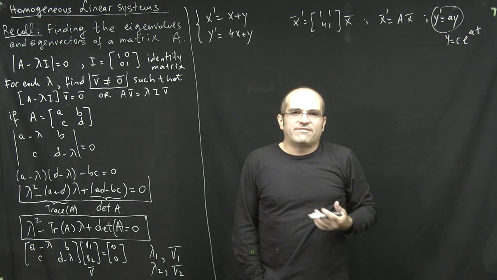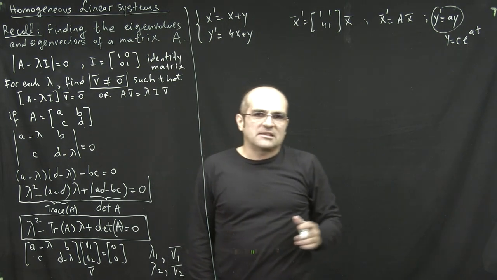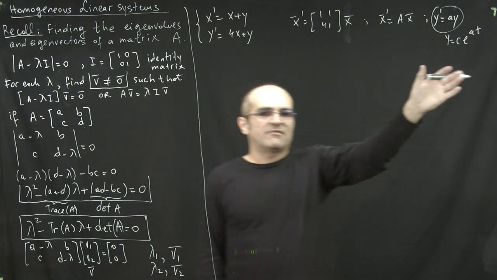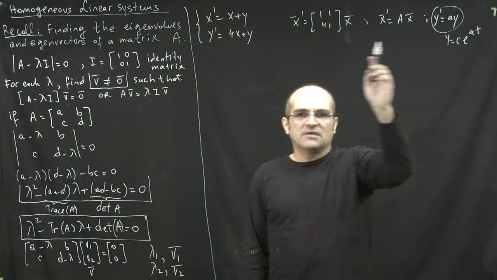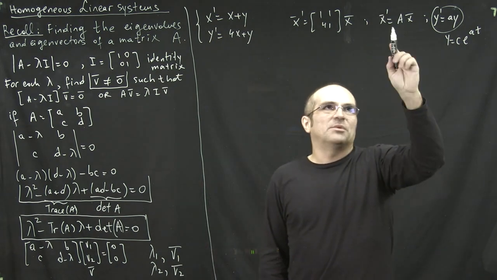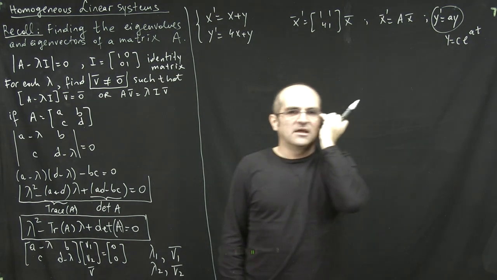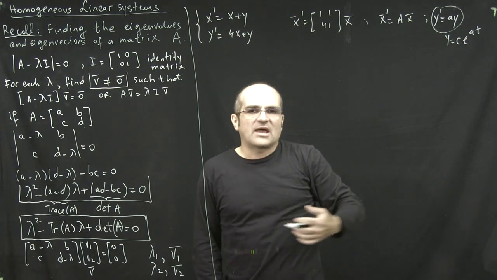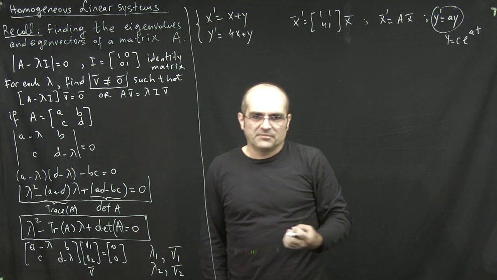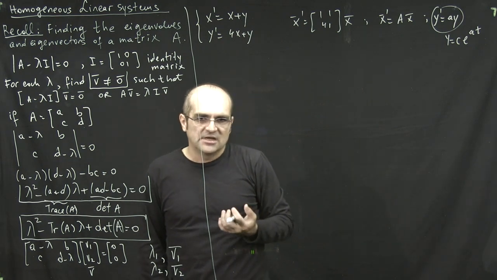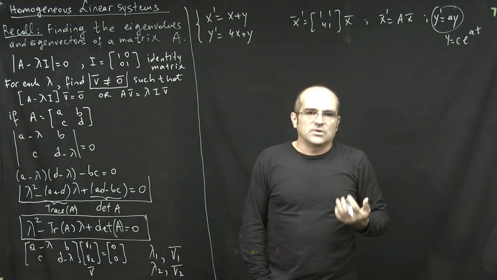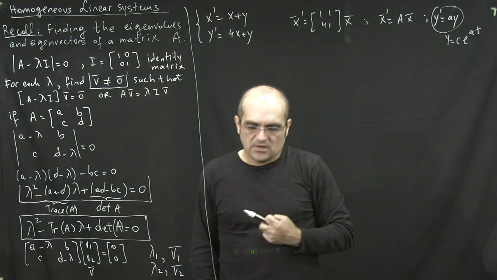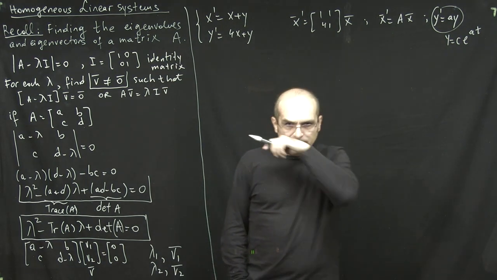So it's not actually that far-fetched to imagine that your system also may have an exponential solution, given that the matrix form resembles the single exponential ODE. And in general, if you have homogeneous linearity and all constant coefficients, it's a natural way to ask whether the system will have an exponential solution.